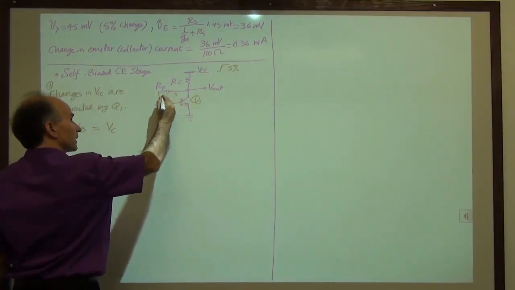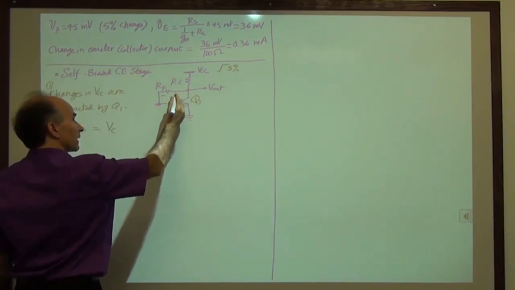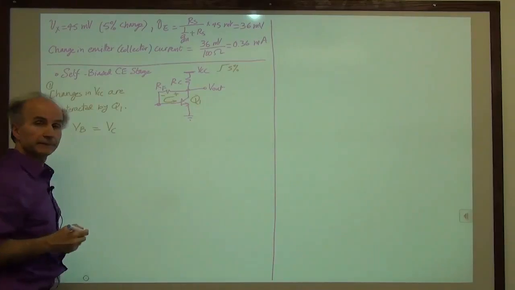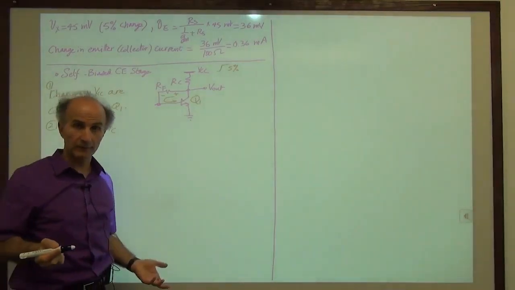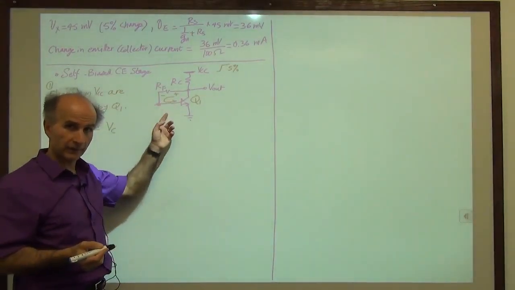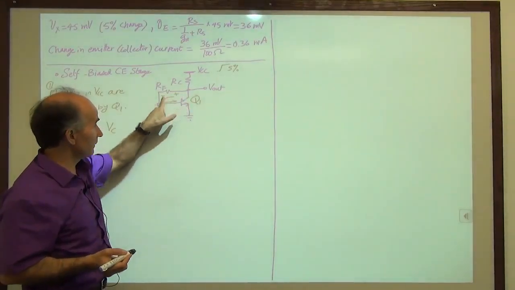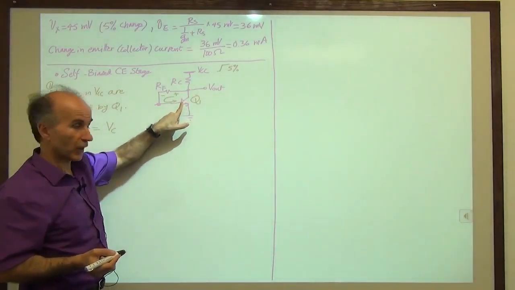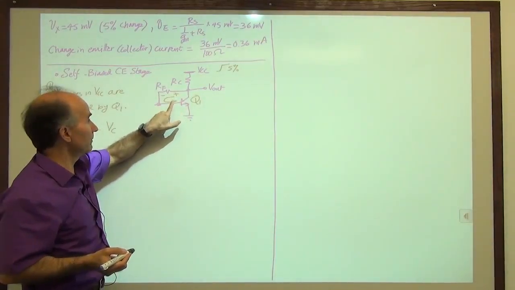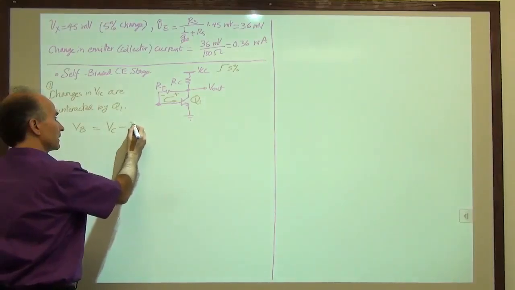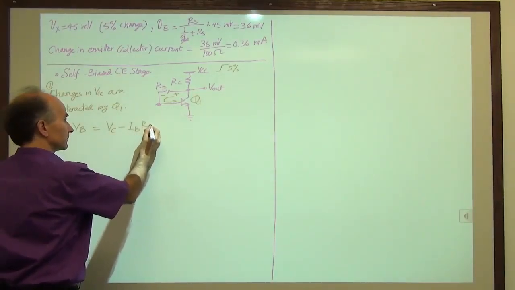There's a drop from here to here. Why? Because the base current of the circuit has to come from RF. Doesn't have anywhere else to come from, so it has to come from RF. So the collector current flows this way, the base current flows this way, generating a voltage drop of IB times RF. So minus IB times RF.